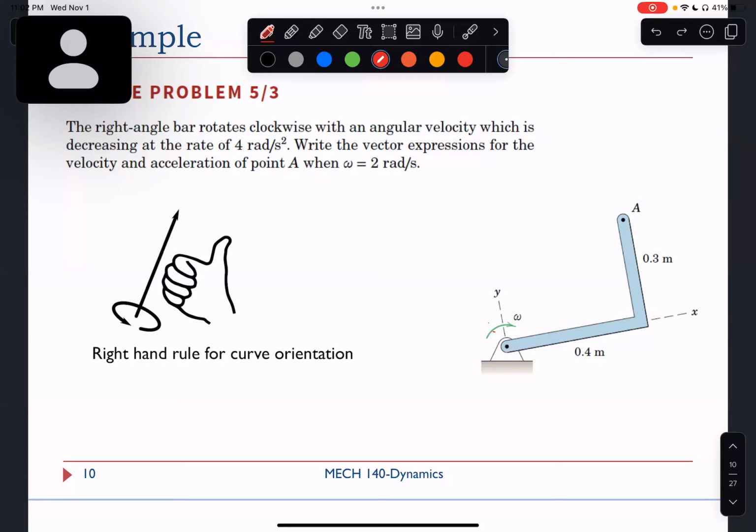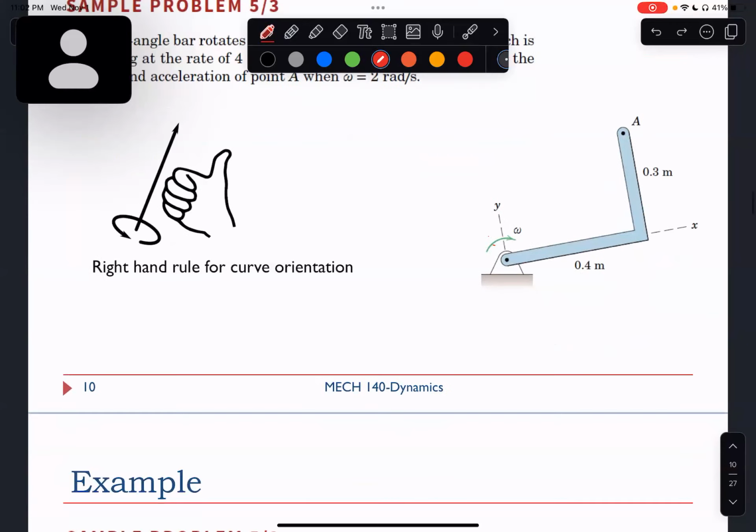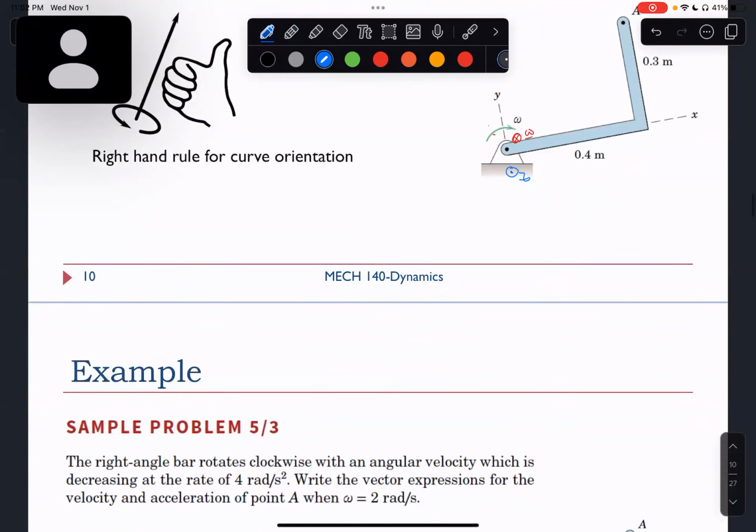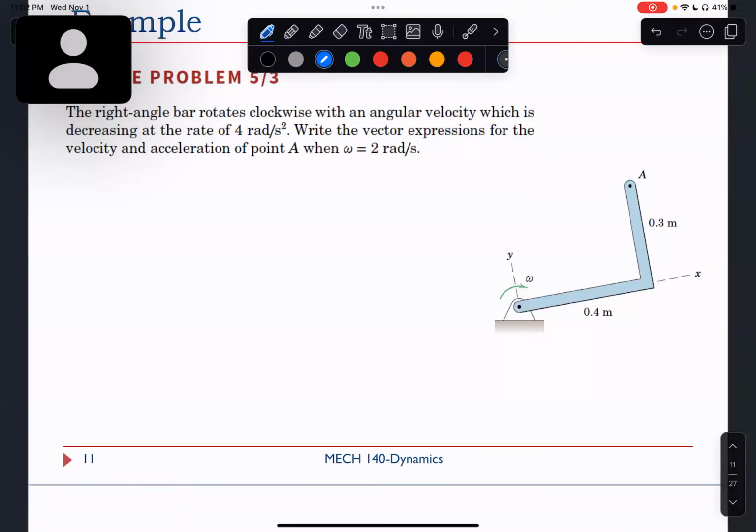That means that omega is pointing in, right? But z, we found, is pointing out. So when I write the vector form of omega, when omega is 2 radians per second, the direction is negative k.